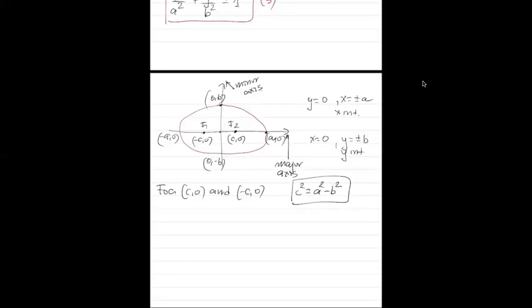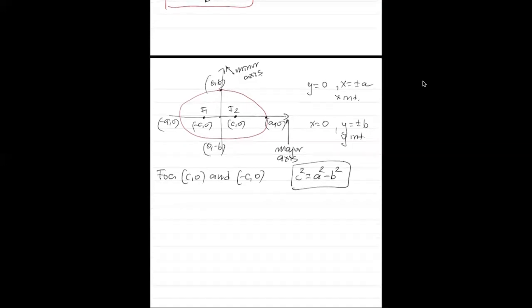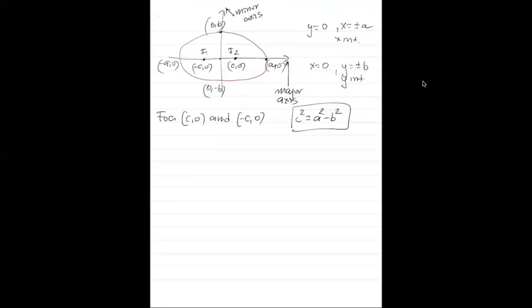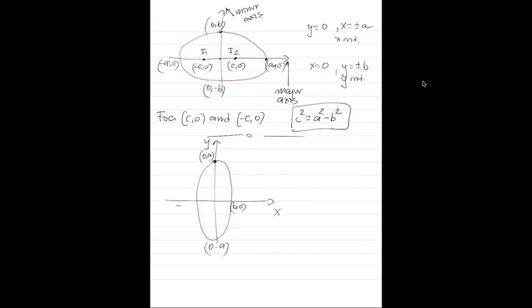Okay, so if the foci of an ellipse are located on the y-axis, so let's draw a picture of an ellipse. It goes this way. So now the major axis is this axis. So we have this point here, (0, a), (0, -a), (b, 0), and (-b, 0).